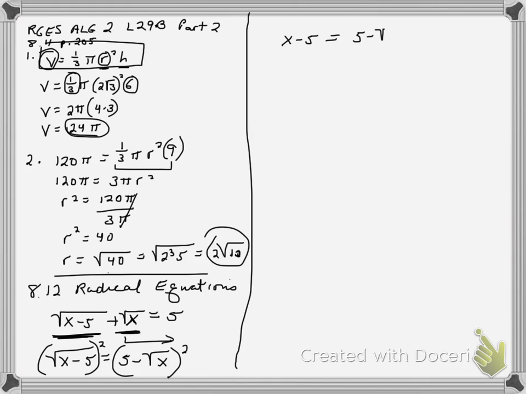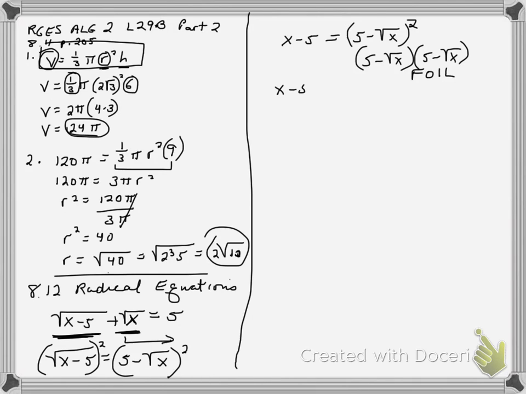5 minus square root of x, squared. Notice this is going to be 5 minus the square root of x times 5 minus the square root of x, or something we would have to FOIL or recognize the pattern.